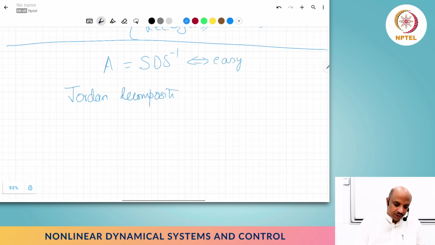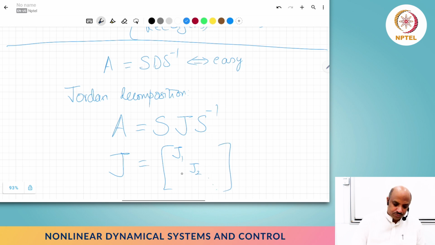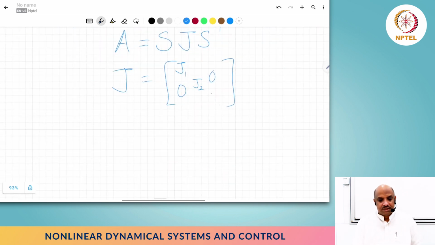And it looks identical to your diagonalizable decomposition, except J is not diagonal, but it's actually block diagonal. It will look something like this. Okay, so otherwise it's the same thing, except S need not be eigenvectors, right?